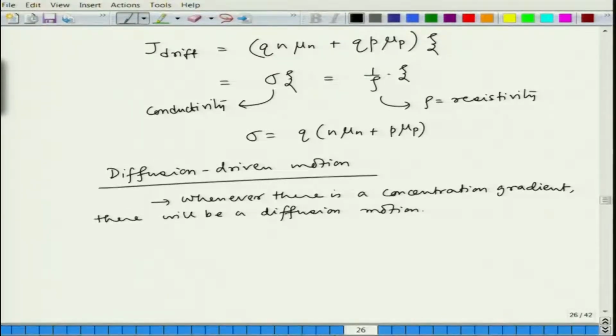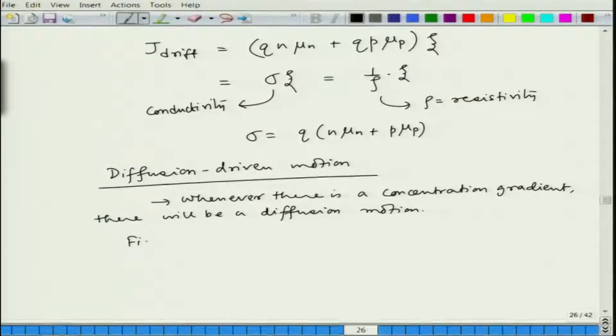It is not only for charged particles, it is for any particles. Okay. For charged particles also, if you have some electron concentration more somewhere, it will try to move or diffuse to the portion where electron concentration is less.